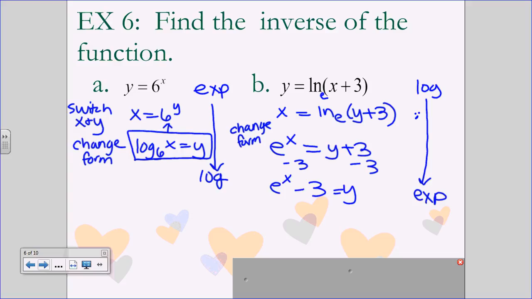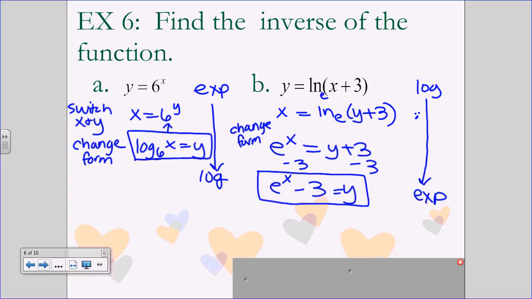That minus 3 is not in the exponent; it's just down below. And this is the exponential form. There is an x in the exponent, so it's an exponential equation, and that is the inverse function. By switching the x and y, I get the inverse. So no longer a logarithmic function, it is now the inverse function, which is an exponential.